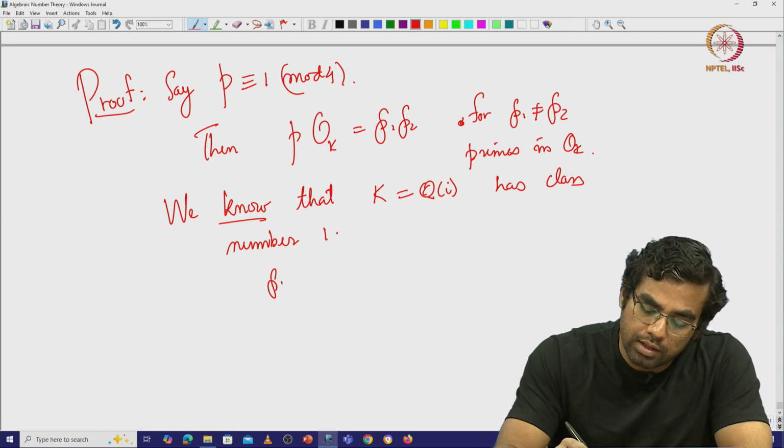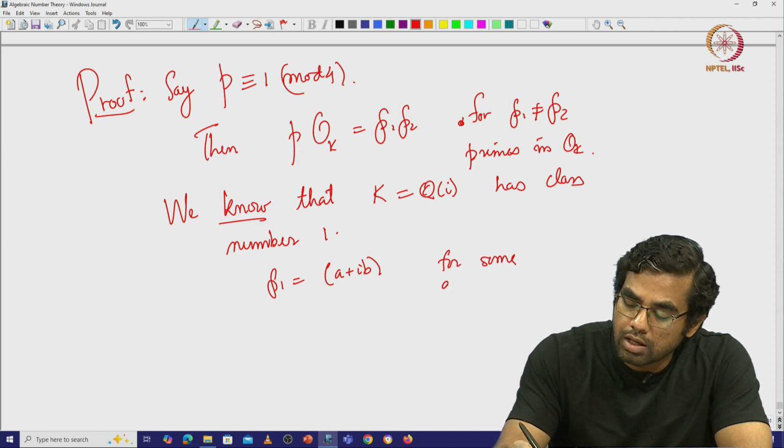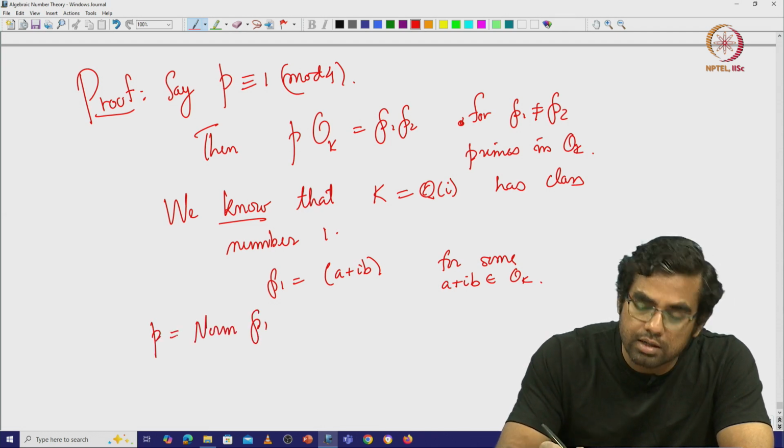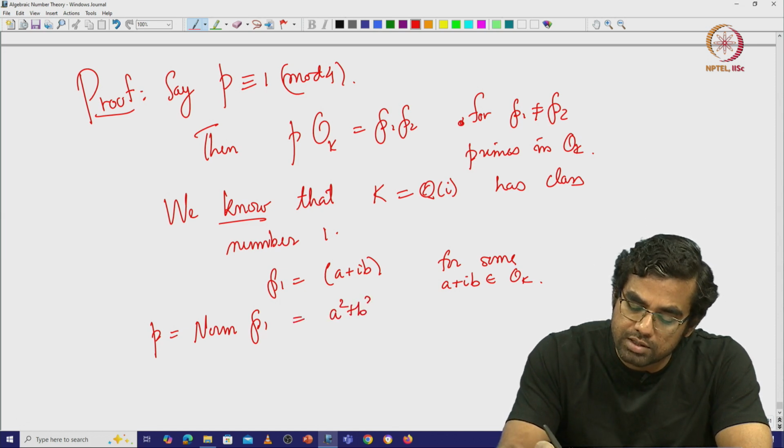Okay, so p1 is (a plus ib) for some a plus ib in O_K. Now we look at the norm of p1. So the norm of p1 on the one hand is p, and on the other hand it's a squared plus b squared.